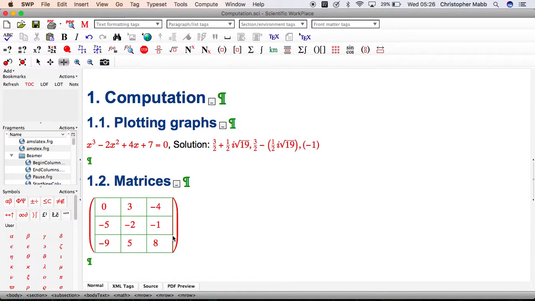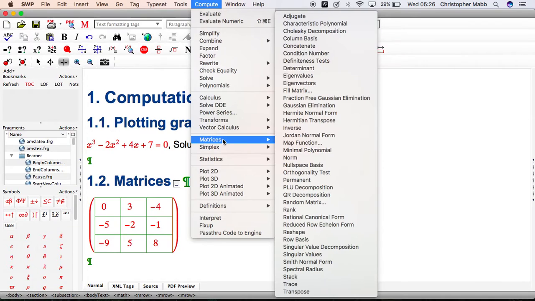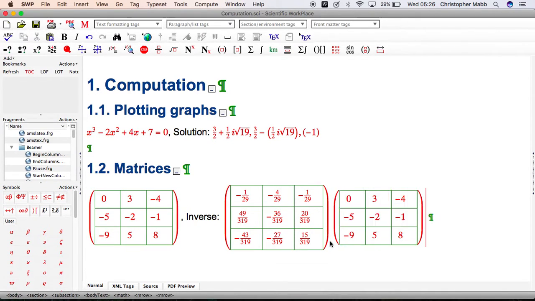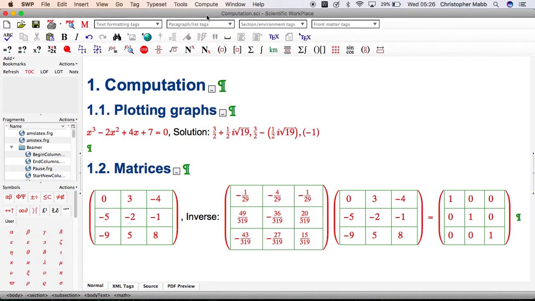And with my cursor still in the matrix here, I'm going to go to compute matrices and inverse. Well, if those matrices are supposed to be the inverse of each other, then by copying this one to the clipboard with Command C or Control C, pasting it back in here, when I multiply those together with compute evaluate, I get the identity matrix.